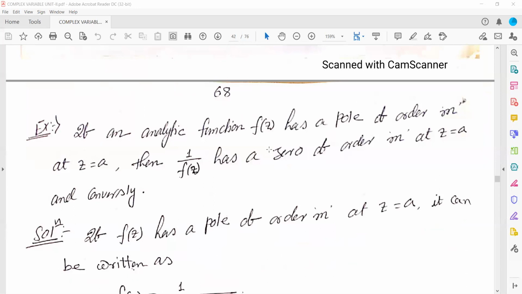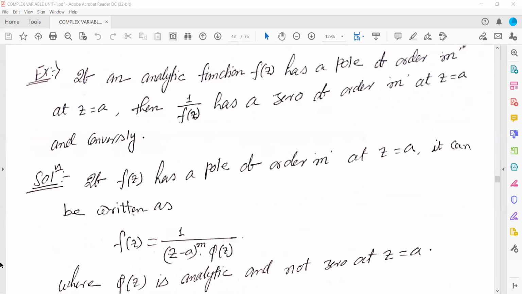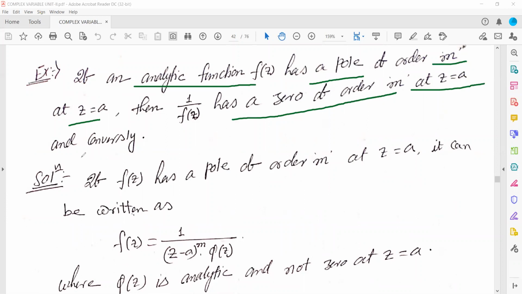Now the next one is this problem. It says that if an analytic function f(z) has a pole of order m at z equal to a, then 1 upon f(z) has a zero of order m at z equal to a, and conversely.